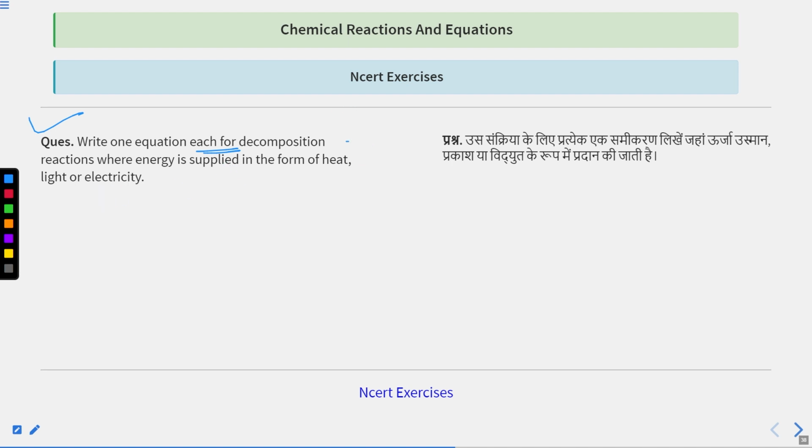As I told you already, if you are providing heat and the decomposition reaction takes place, that is named thermal decomposition. In case of light, it is named photolytic decomposition, because photo means light and lytic means breaking down. Thermal decomposition is also known as thermolytic decomposition. If we are providing electricity, this is named electrolytic decomposition.